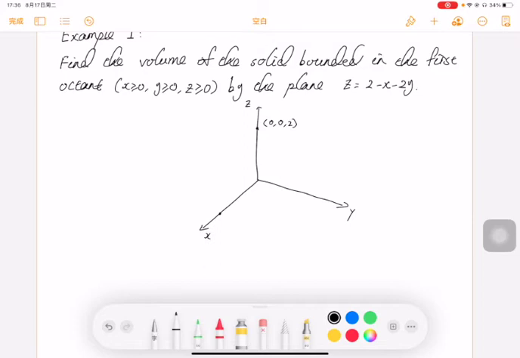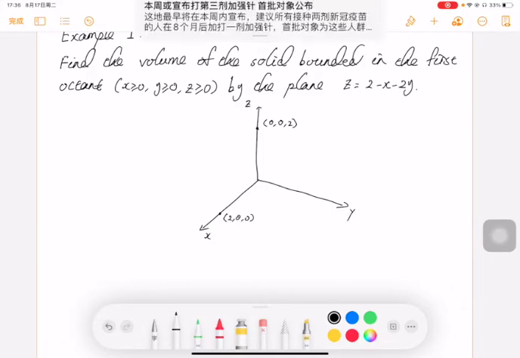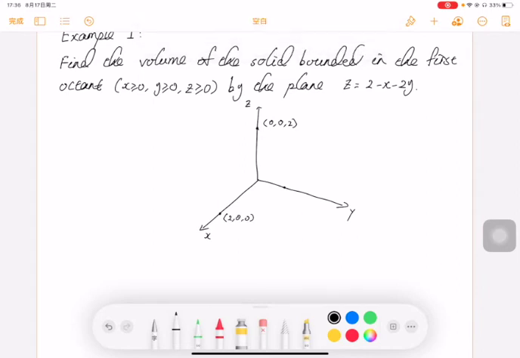So you get x equals 2, which is 2, 0, 0. And to find the intersection with the y-axis, you let x and z be 0, so you get 0 equals 2 minus 2y, and y equals 1. So this is 0, 1, 0.